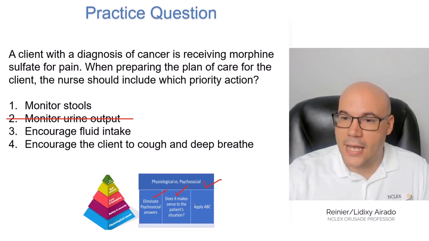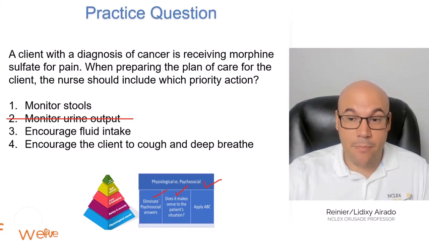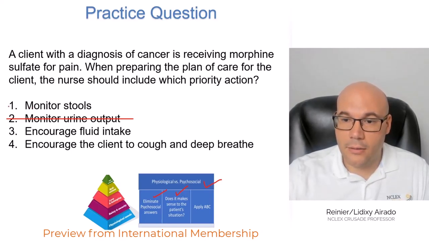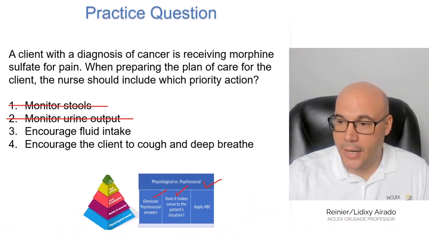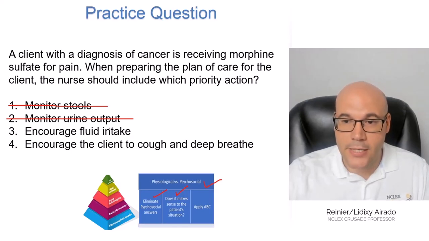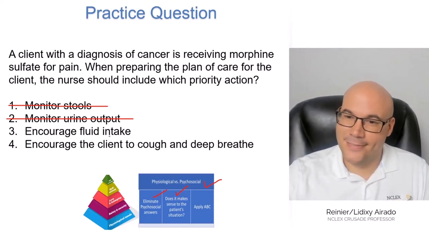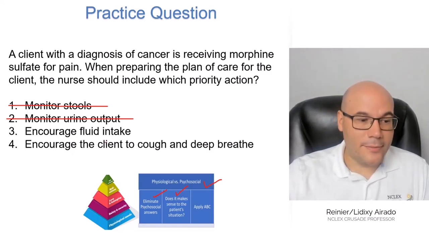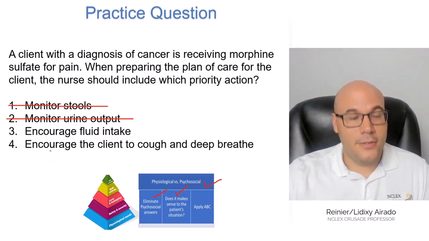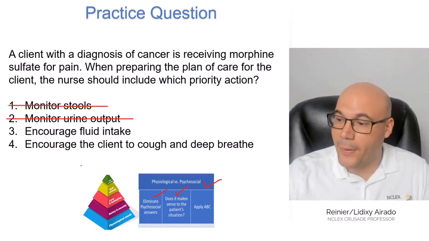Step number 4 says, apply ABC. Does answer number 1 deal with ABC? No. Eliminate it. Does answer number 3 deal with ABC? Yes. So I have to keep it. Does answer number 4 deal with ABC? Yes. So I have to keep it.